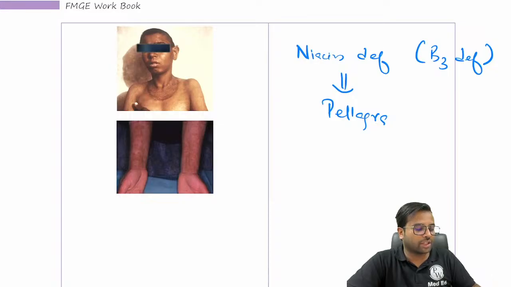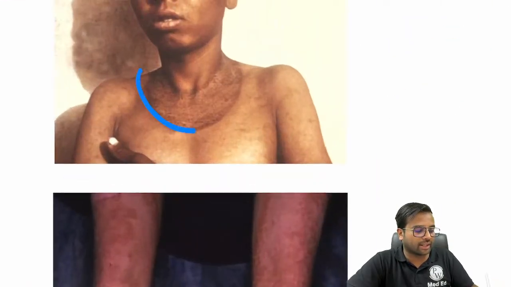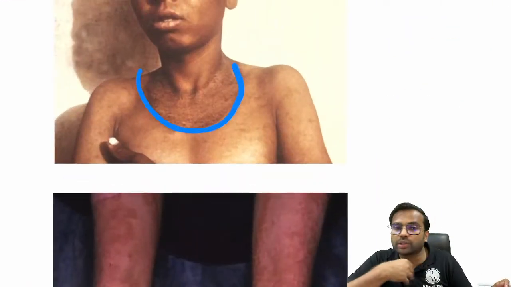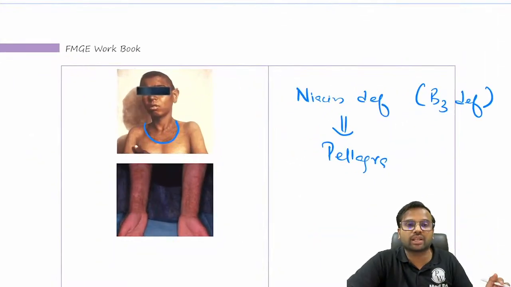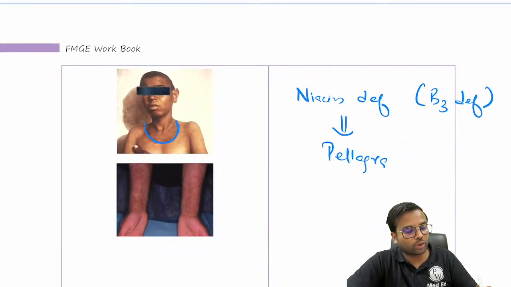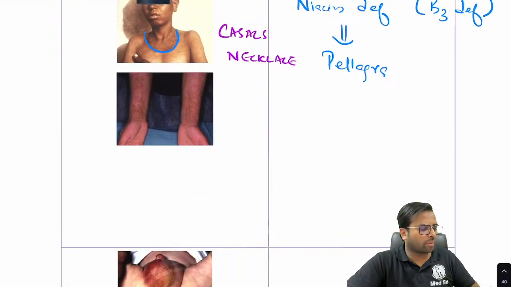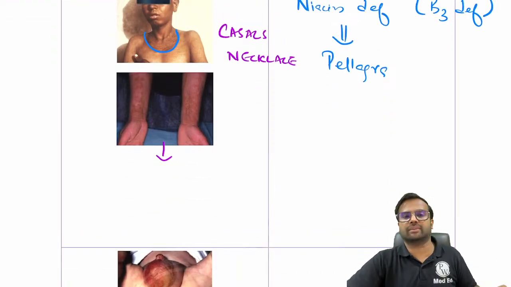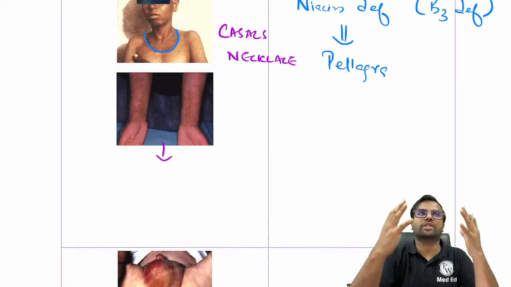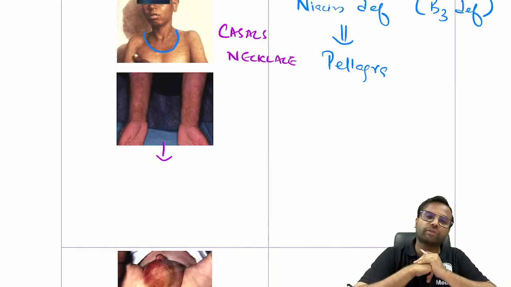And this image where you can see that there is a photosensitive rash around the neck region. So this photosensitive rash, what is it called as? Yes, this is called as the Casal's necklace. And there is one more rash which you can see, a shiny rash which you can see over the dorsum of the hands.